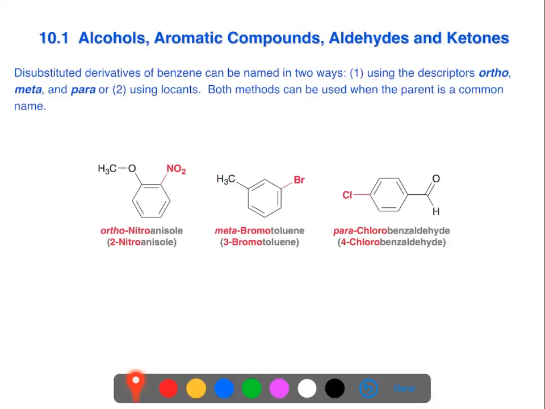Now, di-substituted derivatives of benzene can be named in one of two ways. On this slide, what you're seeing here are some benzene derivatives in which they are the parent. As you can see, in this example we have an anisole. Here we have a toluene. And here we have benzaldehyde, or benzenecarbaldehyde. Now, we can refer to the other substituent highlighted in red in one of two ways.